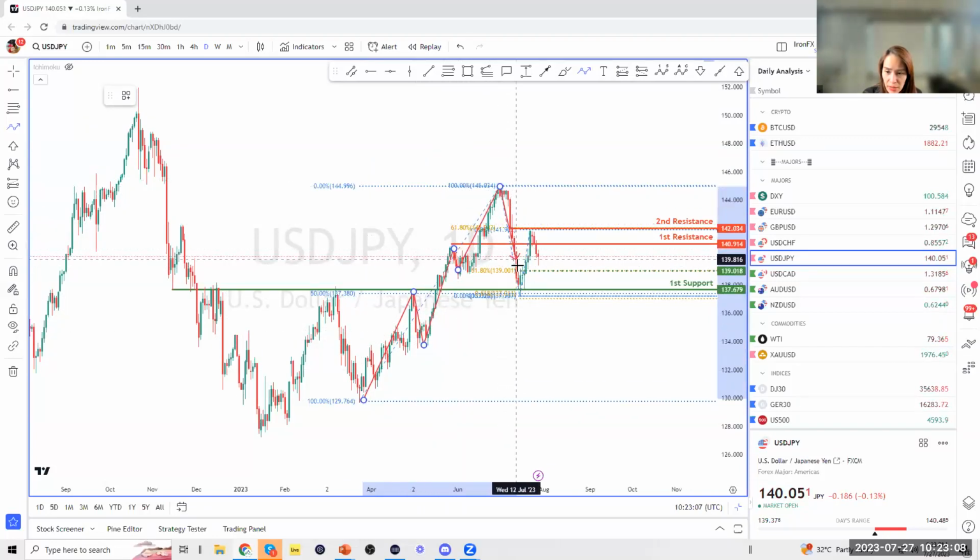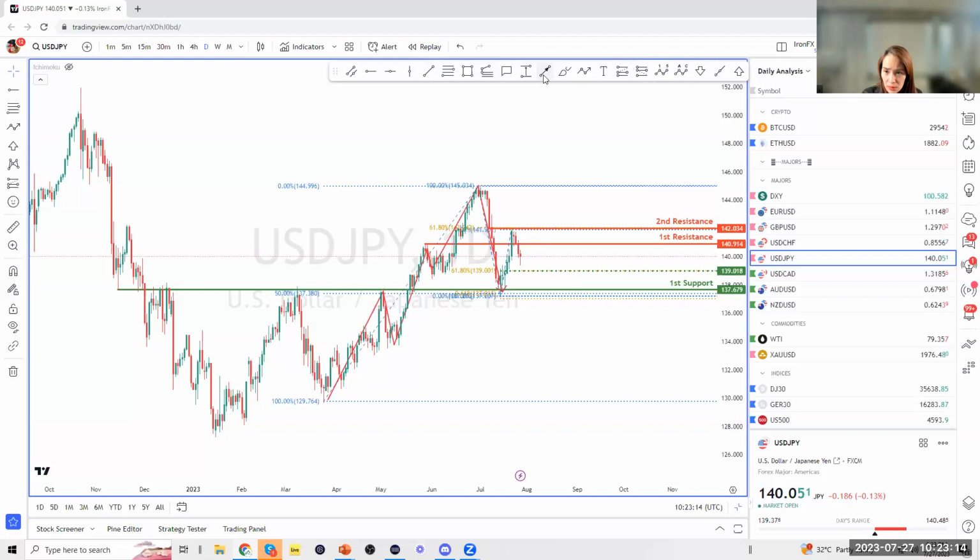And then now price breaks this low, which already creates another change of character here.